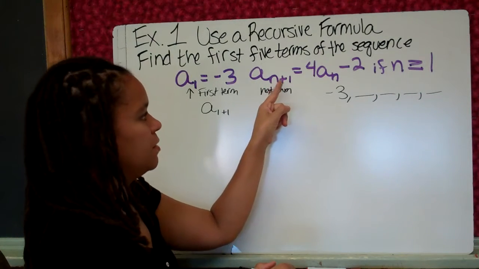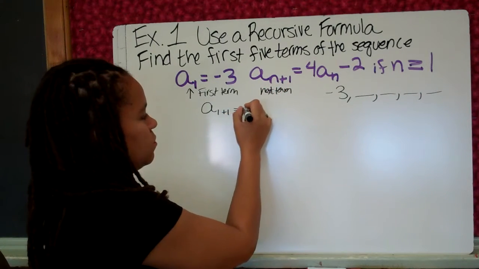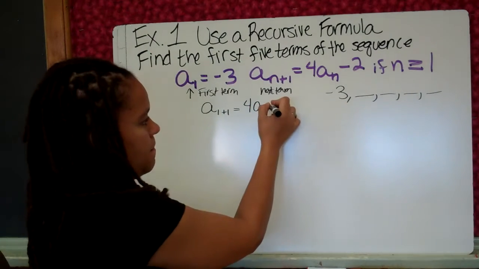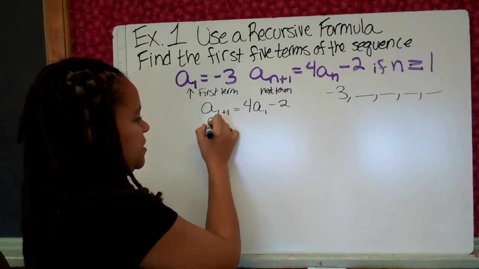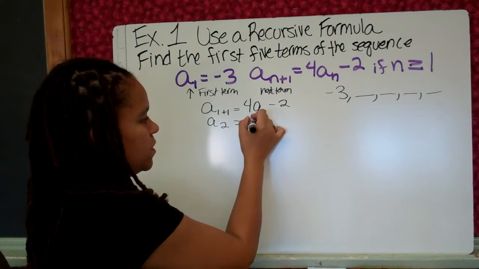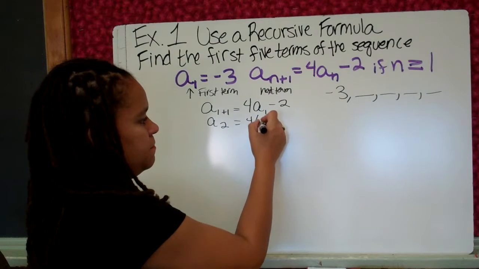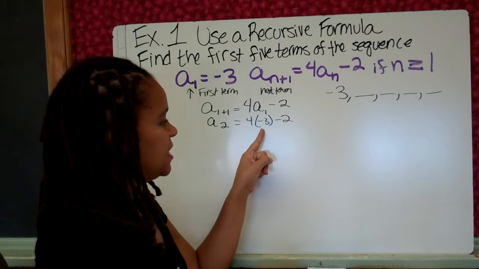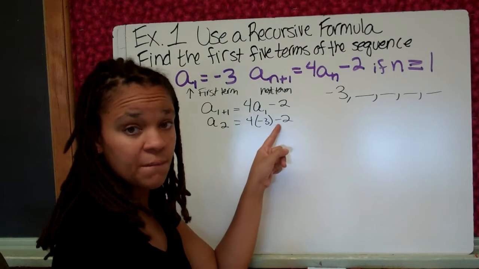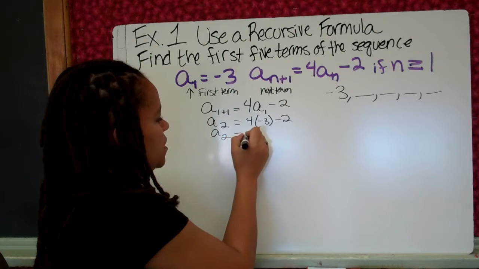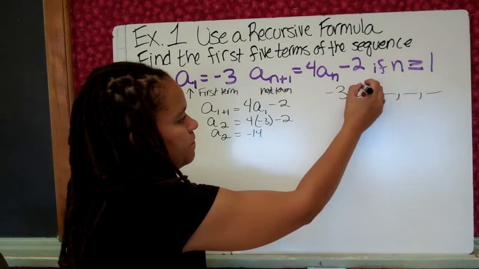So a sub 1 plus 1 is equal to 4 times a sub 1 minus 2. That means a sub 2 is equal to 4 times the first term minus 2. So 4 times negative 3 is negative 12, minus 2 is negative 14. So a sub 2 is negative 14.